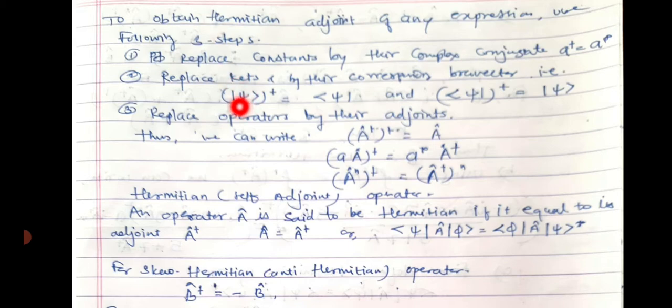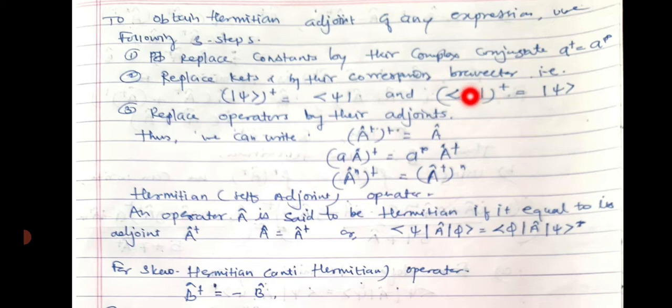This is a new notation for you, ket psi. So this is the vector. Any vector, if we take its dagger, then we have to replace that vector by its corresponding operator.